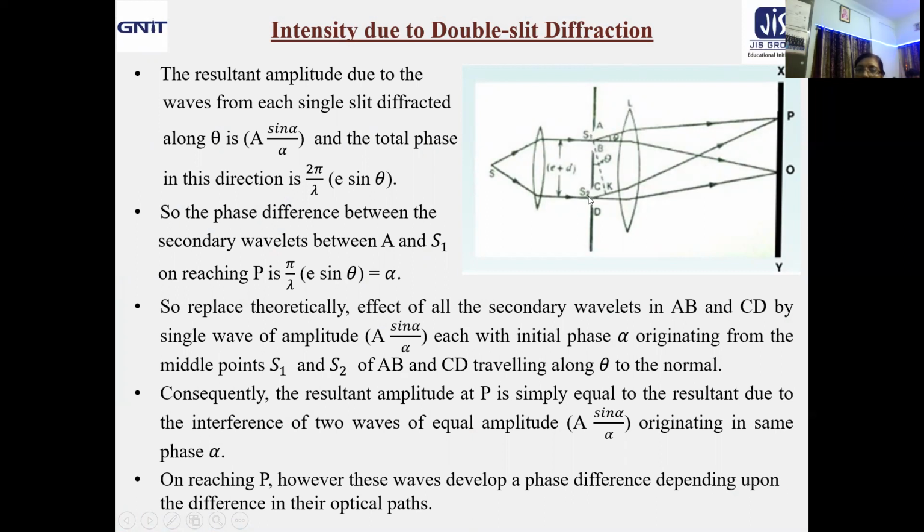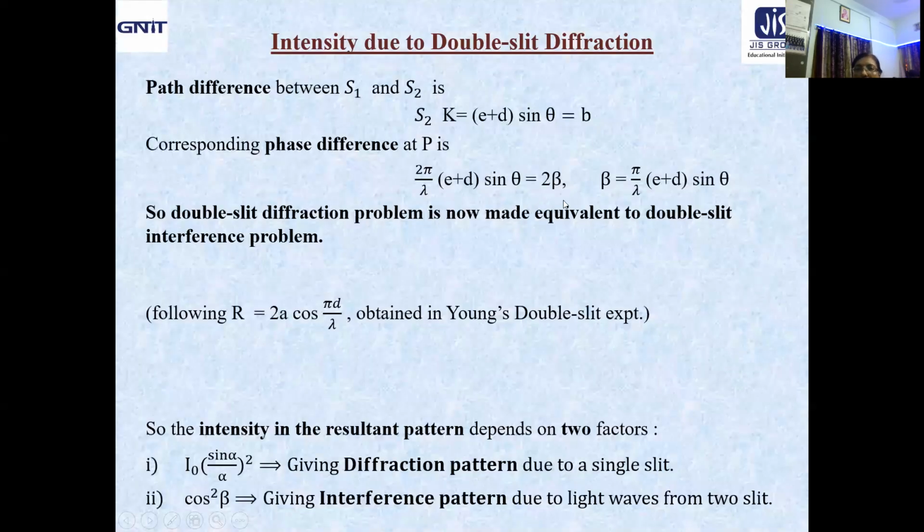So S1S2 is e plus d. You need S2K, that is (e plus d) sine theta, and that is represented by delta. So the path difference between S1 and S2 is S2K equals (e plus d) sine theta equals delta.